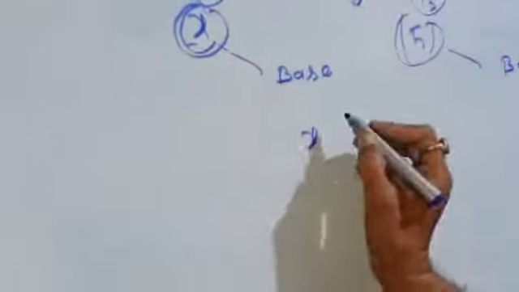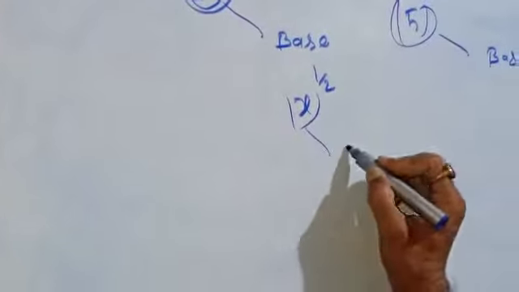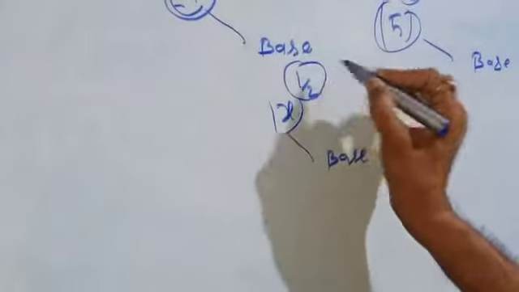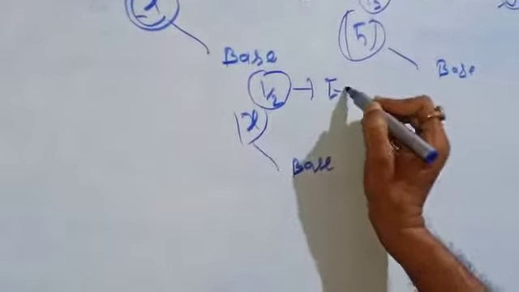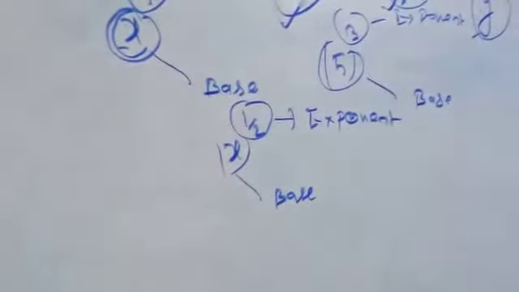And suppose I am writing x to the power 1 by 2. This is the base, and the top number is the exponent. So this is the exponent. Suppose I am writing x to the power 1 by 3.